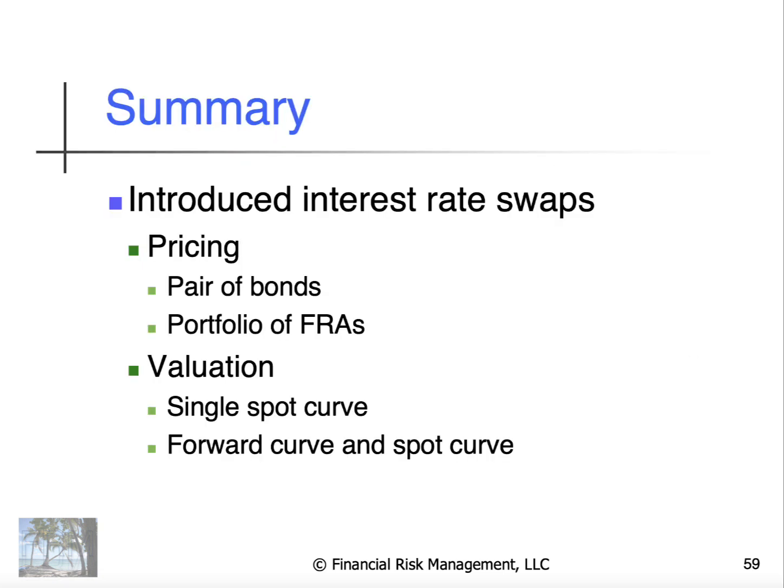And so in summary, we've introduced interest rate swaps. We can price swaps based on a pair of bonds or portfolio forward rate agreements. Valuing, we can use either a single spot curve or a forward curve and a spot curve. Either way, we can solve for the particular parameters we need in order to value other swaps that don't have the same attribute.